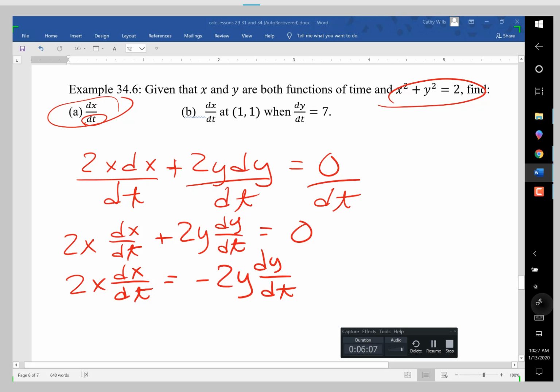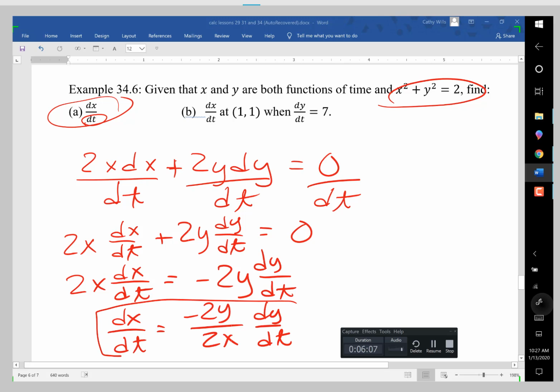And then we'll divide both sides by 2x. So dx/dt equals negative 2y over 2x times dy/dt. So dx/dt equals this, and of course we can cancel those 2's.